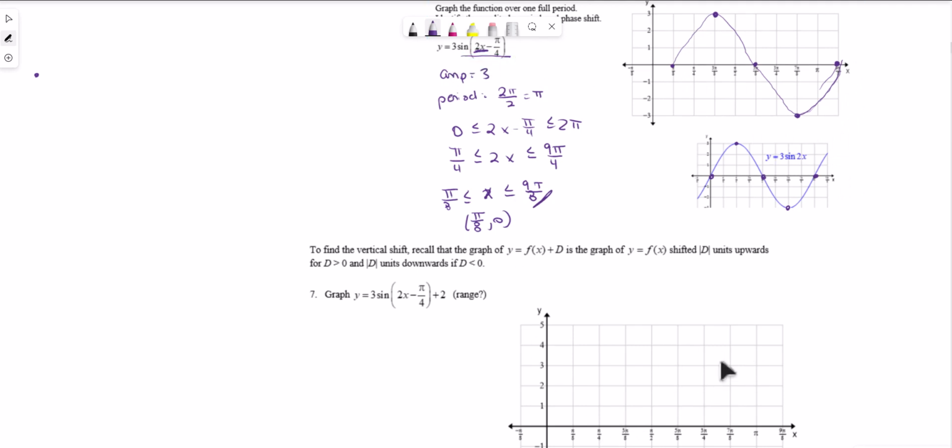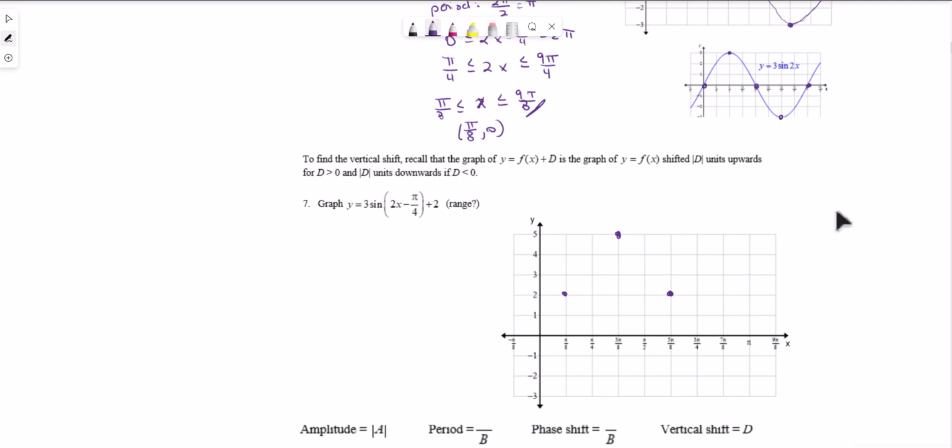So instead of hitting 0 at pi over 8, it's going to go up 2. So at 3 pi over 8, it was at 3, so it's going to go up to 5. At 5 pi over 8, it's going to be 2 again. Then at 7 pi over 8, I'm going to shift this up a little bit.